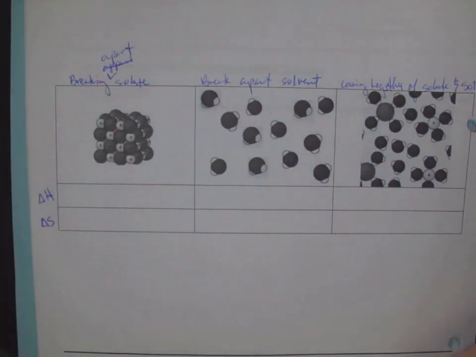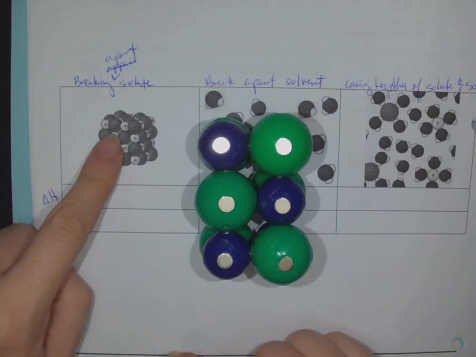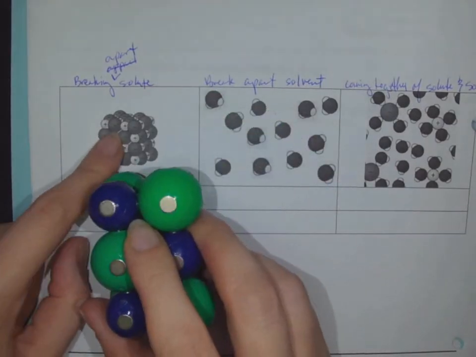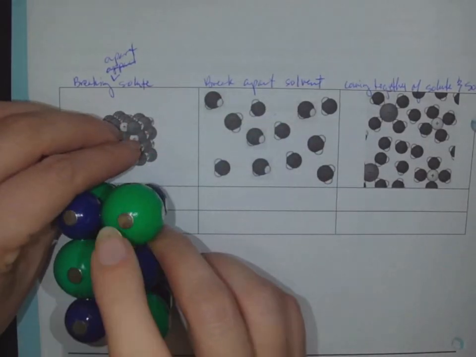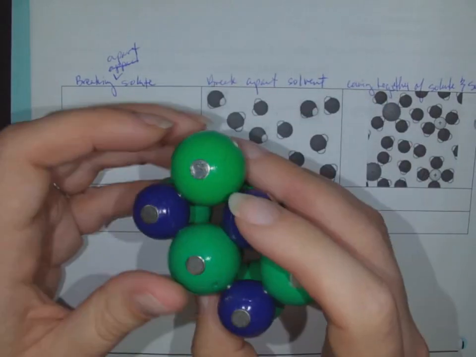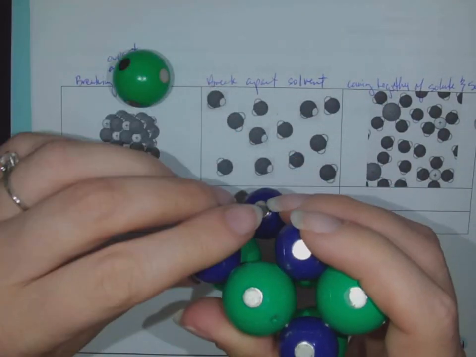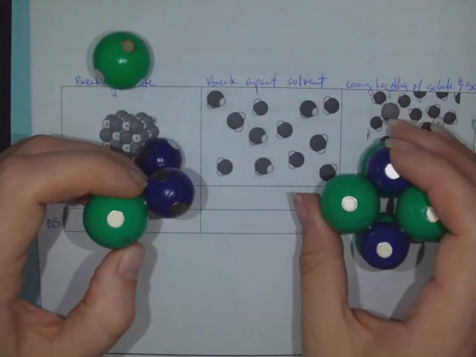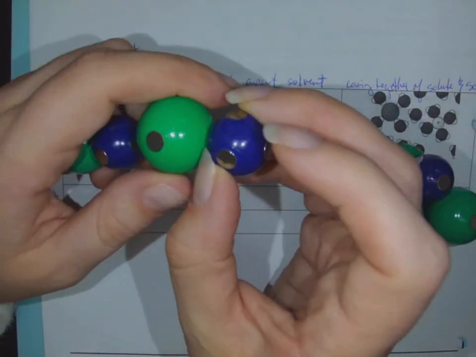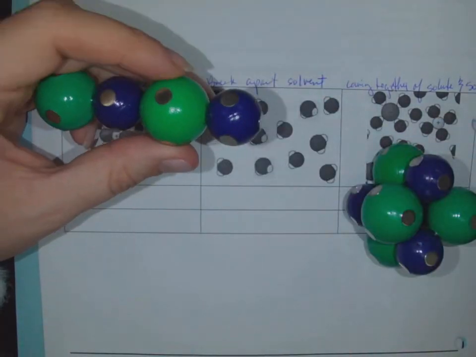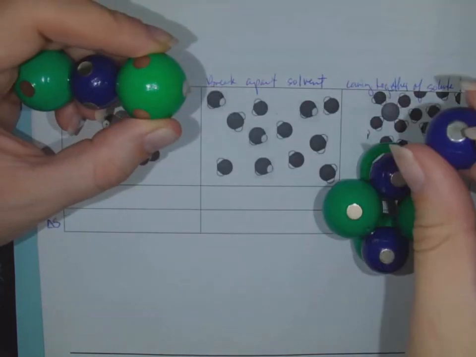Here's my solute, and I'm specifically talking about not this form, but when it breaks apart. Now, in order for me to have broken that all apart, I had to add energy to it. It takes energy to break that apart.